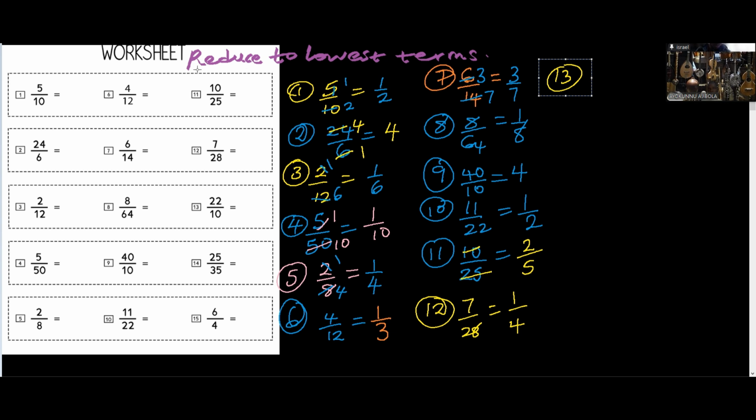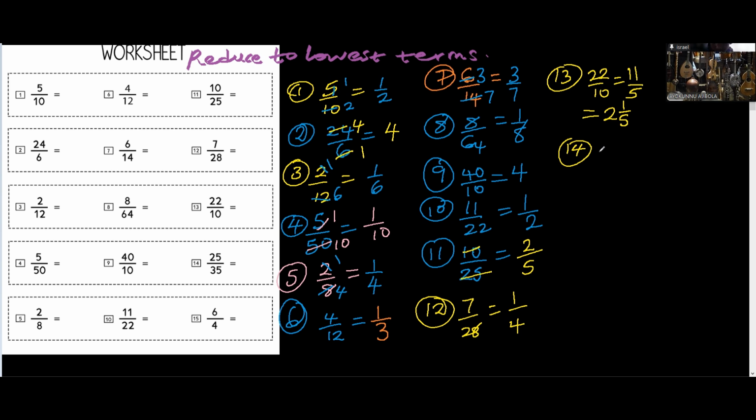Number 13, we have 22 over 10. 2 in 22 is 11, and 2 in 10 is 5. So don't leave your answer like that. How many 5s in 11? That's 2, which is 10. Remainder 1 over 5. So this is your final answer.